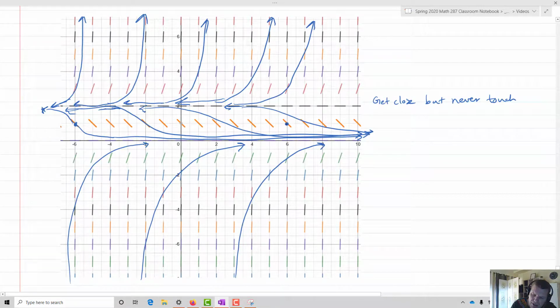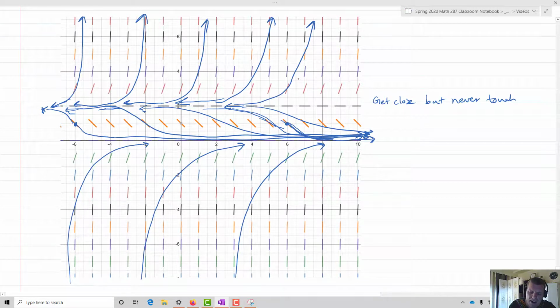So for example, if I start at y equals 1, then I'm going to get a graph that just descends down towards y equals 0. If I start a little bit closer up to y equals 2, then I'm going to get one that's going to descend, then change concavity, go from concave down to concave up, and then again move towards y equals 0.